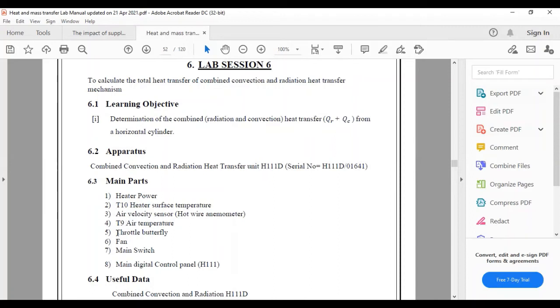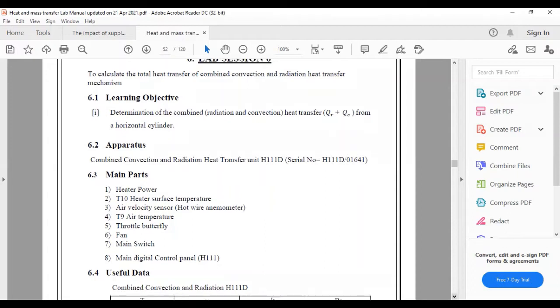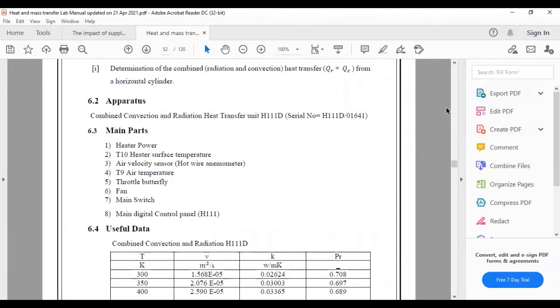Then there is a throttle butterfly, which is used to increase the velocity of air. Then there is a fan, by which we may also increase the velocity of air. And then the main switch and the main digital control panel. The apparatus we will use here is the combined convection and radiation unit, and its code is H111D.